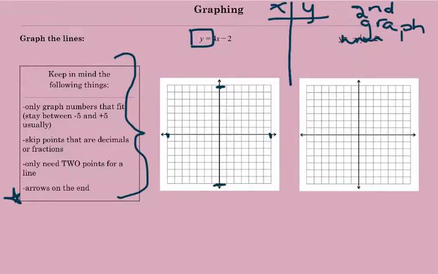So if we're staying between 7 and -7, I know if I look at -2 goes to -10, we can't do that guy.